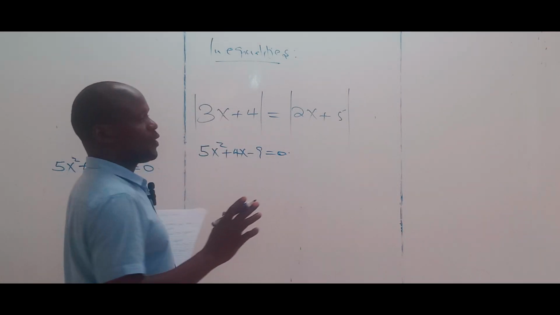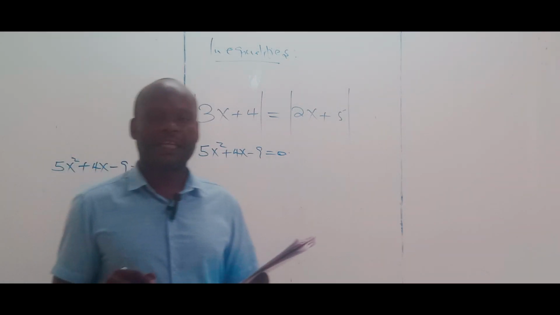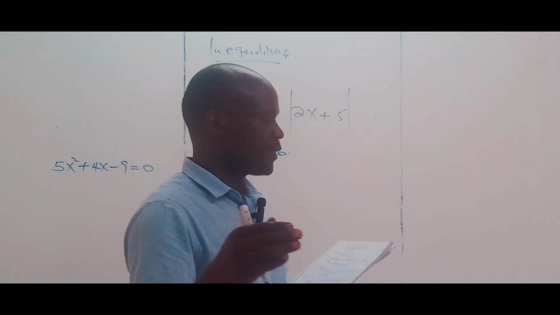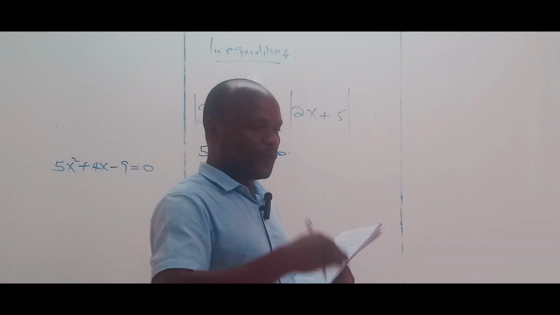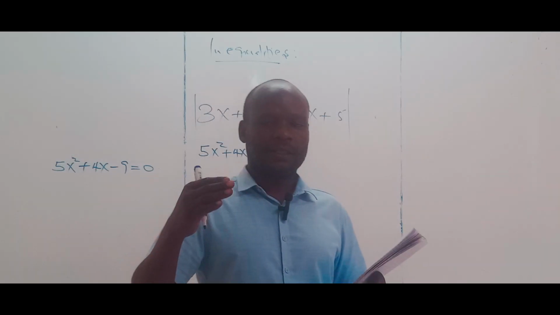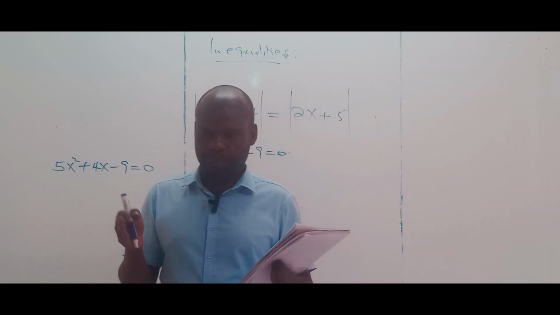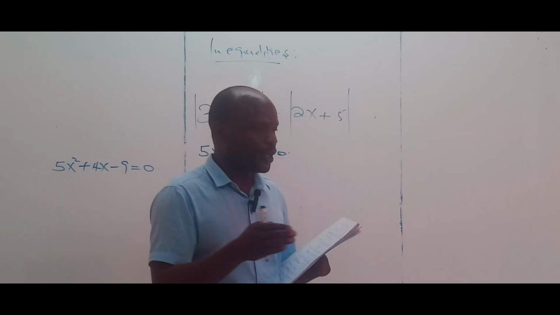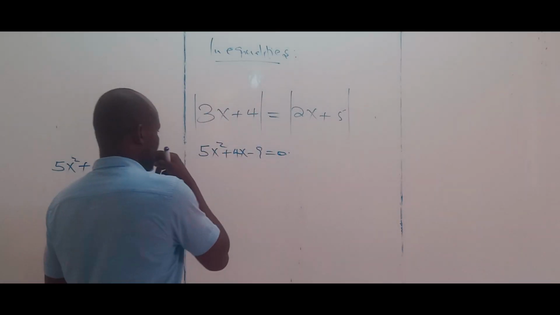I want to solve this quadratic equation so that I get the possible values of x. Because if I get the possible values of x, then it means that at those particular points, we are going to get the roots of x.